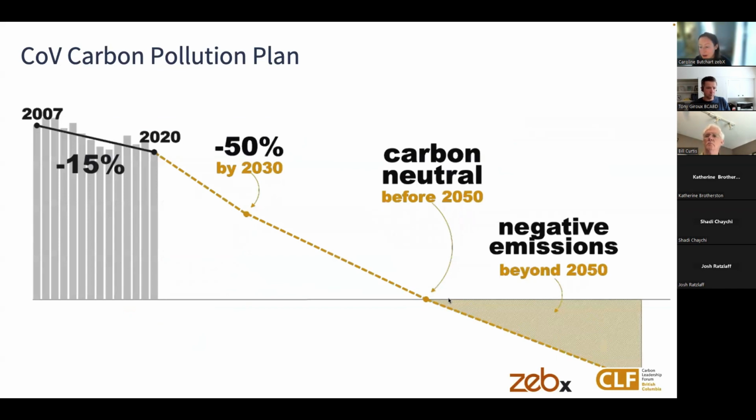The City of Vancouver have their own carbon pollution plan. So the aim is to get to 50% in general across the city by 2030. The target is 40% for buildings, with the aim of being completely carbon neutral by 2050. So one of the things that they are doing for larger buildings is introducing regulations.